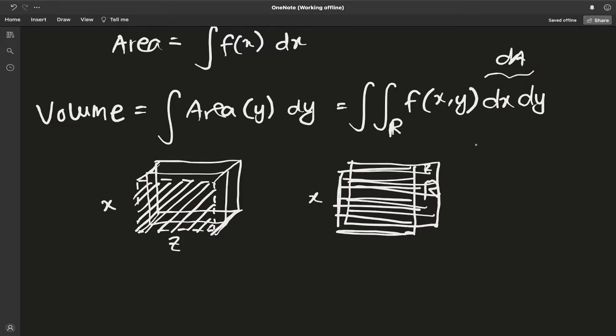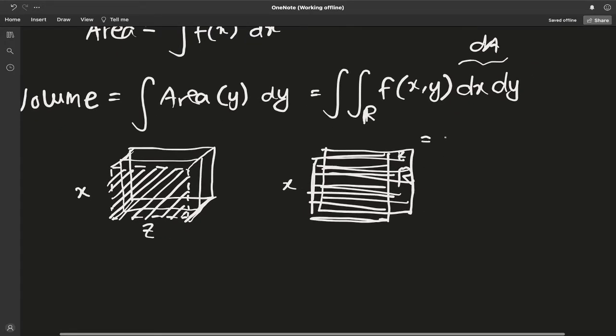You can even go a step further and do like a triple integral over some region O, and then you have dz dx dy.